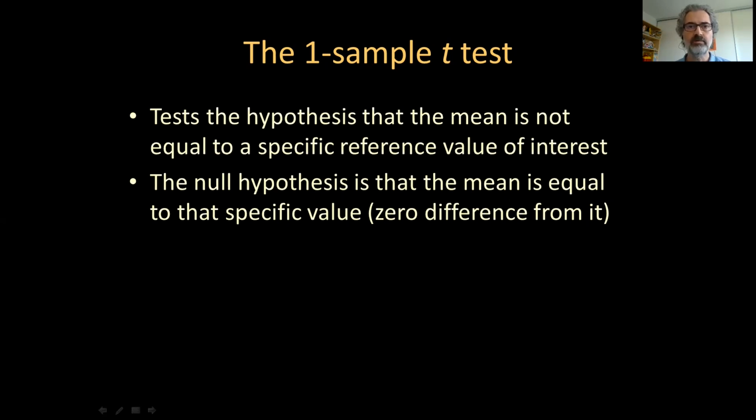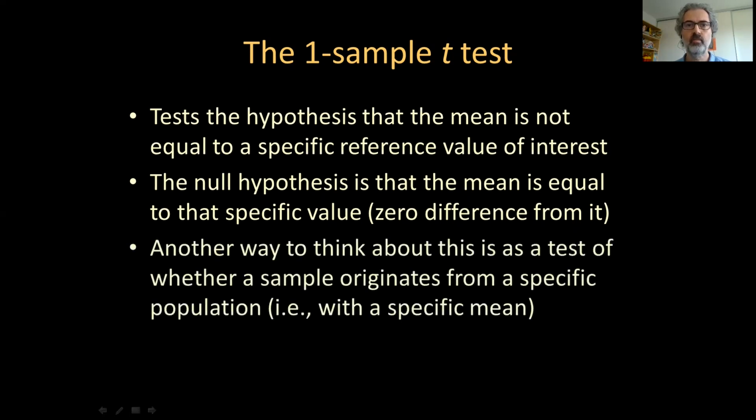To be equal to a reference value is the same thing as saying that there is a zero difference between the mean and that reference value. So the null hypothesis does indeed concern a zero, but it's a zero in the difference between a value that we specify and the mean of the population we're actually sampling from.